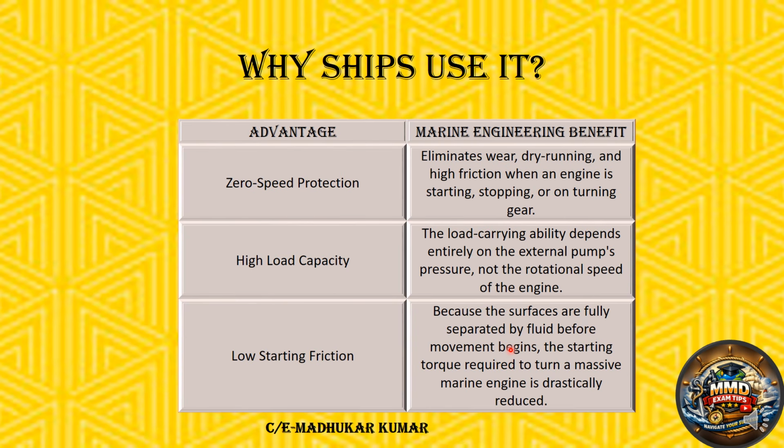So the starting torque required to turn a massive marine engine is drastically reduced. The large torque which would otherwise be required to turn the engine is not needed because all the journals are floating. That's why, with a small turning gear motor, we are able to turn the engine easily. There is no problem in that, because there is no direct contact; it's already separated.